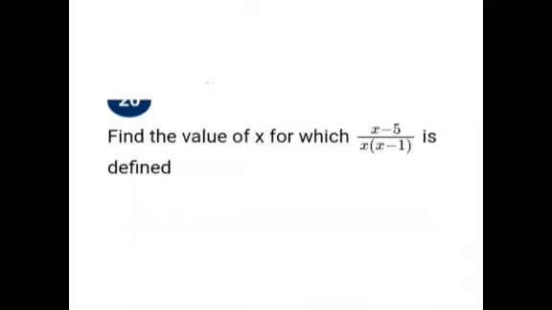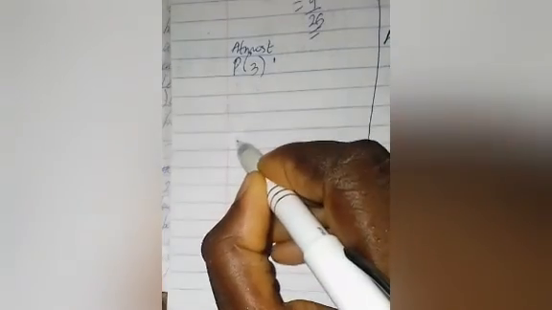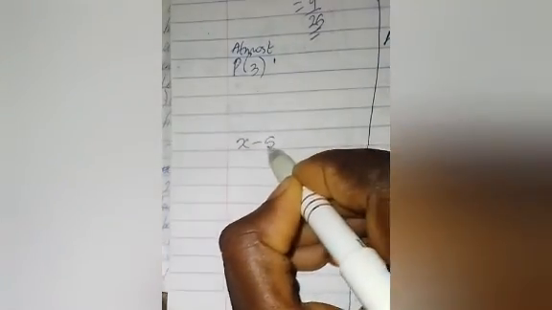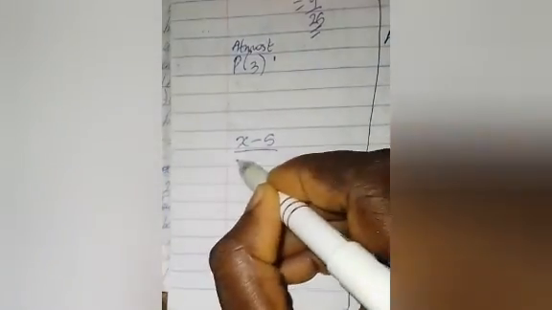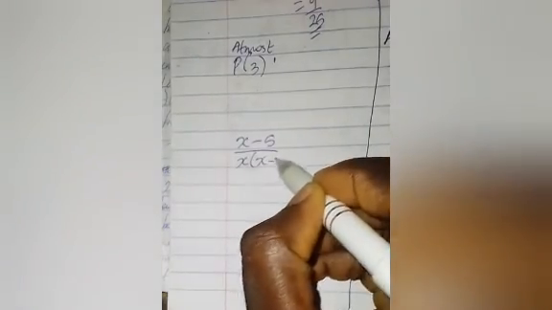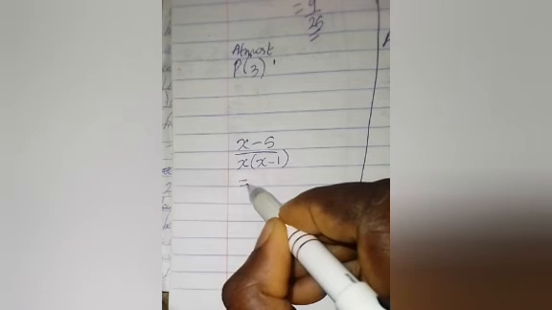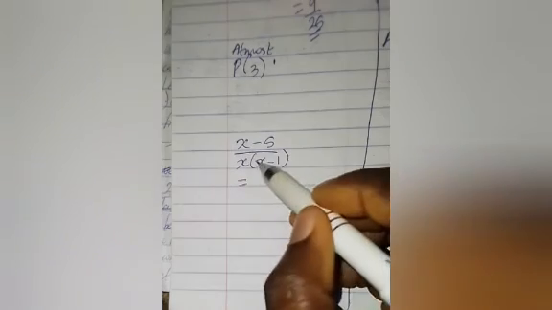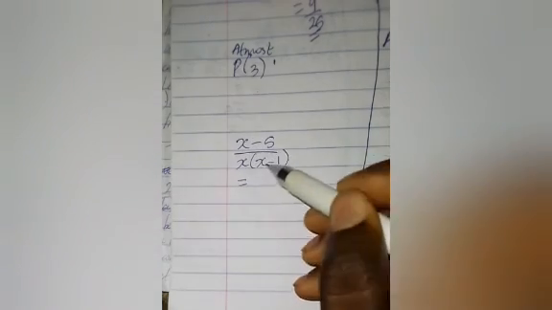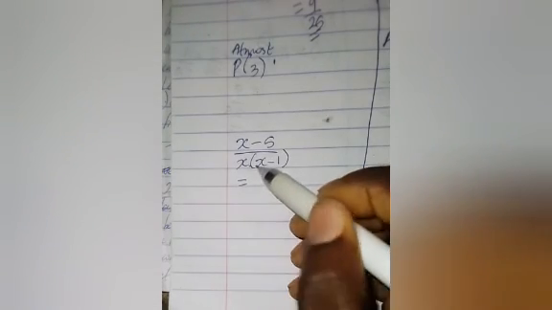Number 20. Find the value of x for which (x minus 5) over x(x minus 1) is defined. (x minus 5) over x(x minus 1). So the values that will make this expression undefined are below.